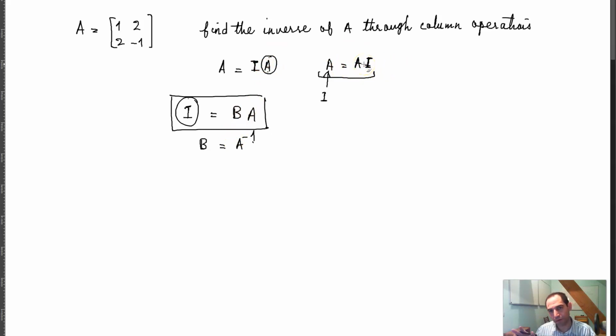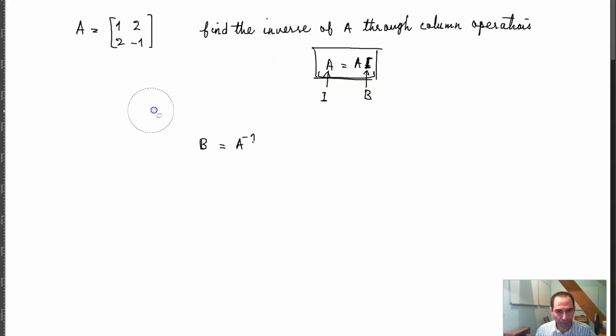The matrix on the right is the matrix on which the column operations have to be done. And then I will do the column operations on this matrix I, and that becomes some matrix like B. And therefore I will have this equation in the form I is equal to, for example, A times B, and then from that I can conclude that B is the inverse of A, right? So I will take this equation.